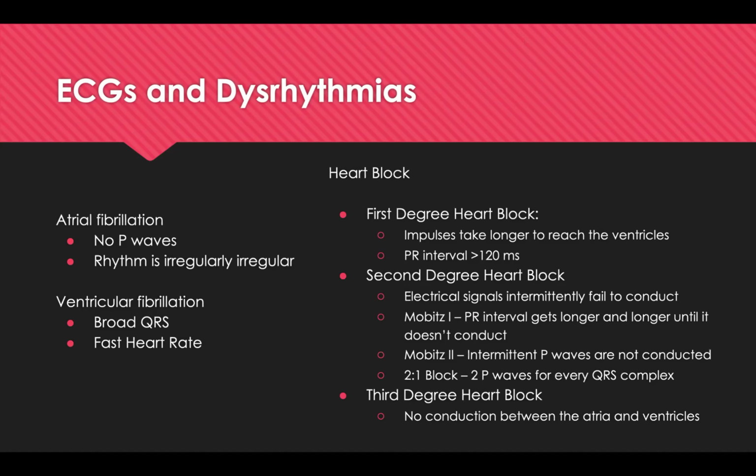Next, there's 2nd degree heart block, which is where electrical signals intermittently fail to conduct through from the atria to the ventricles. There are several different types of this, such as Mobitz type 1, type 2, and 2-to-1 block, which all have slightly different representations on the ECG. Finally, the most severe type of heart block is the 3rd degree heart block, which is where there's no conduction between the atria and the ventricles.